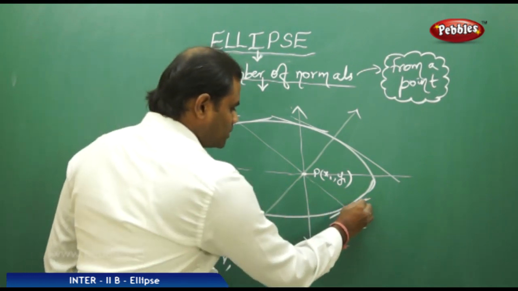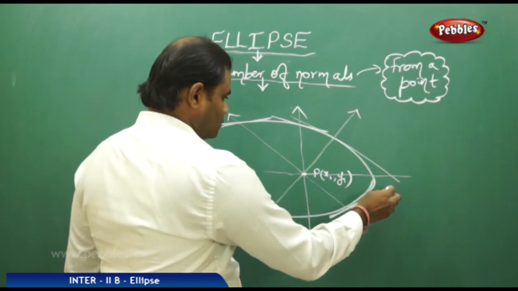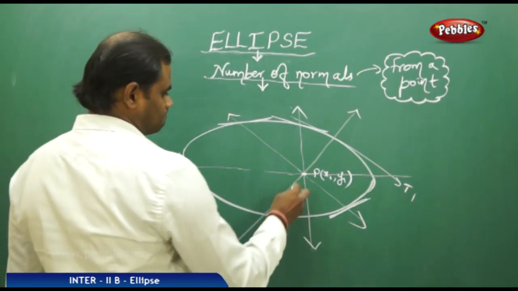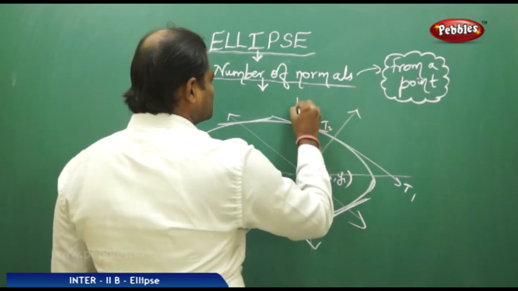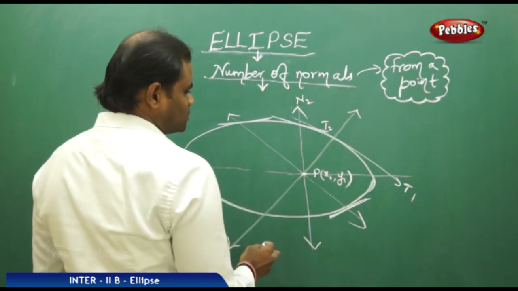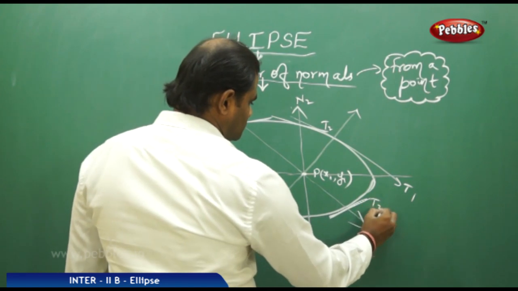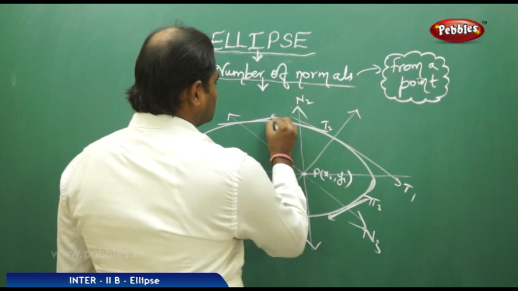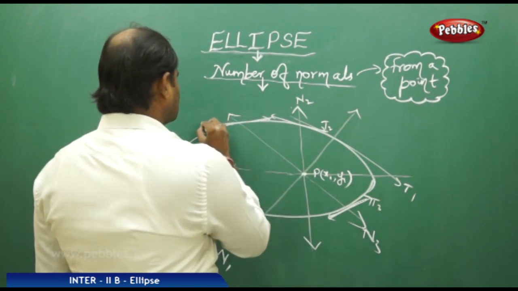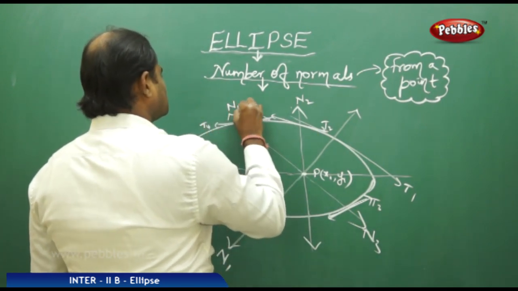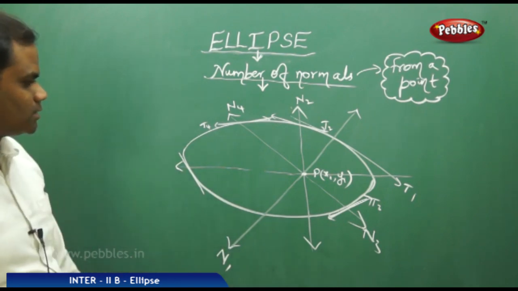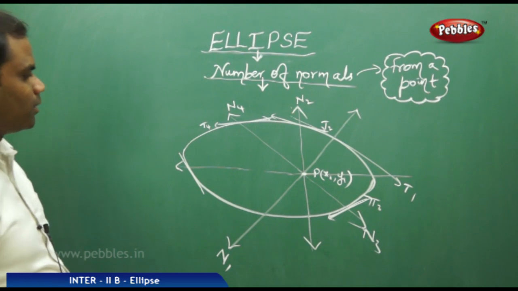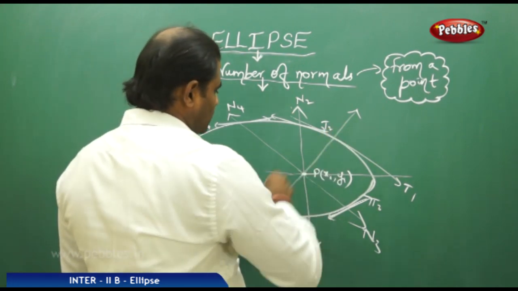If I assume this to be tangent 1 and this to be tangent 2, then this is normal 2, and if I assume this to be tangent 3, then I have this to be normal 3, and this is tangent 4, then this is normal 4. This is how we understand totally 4 normals which can be drawn through the point at the most.